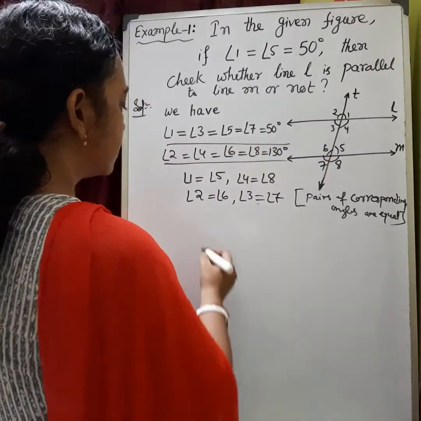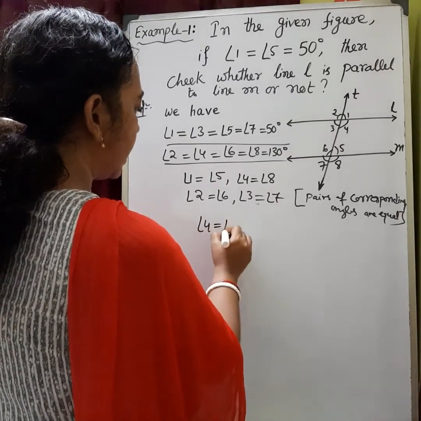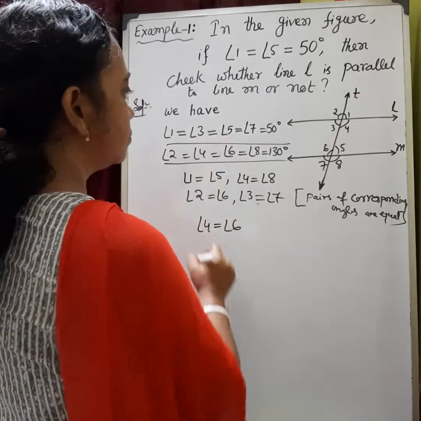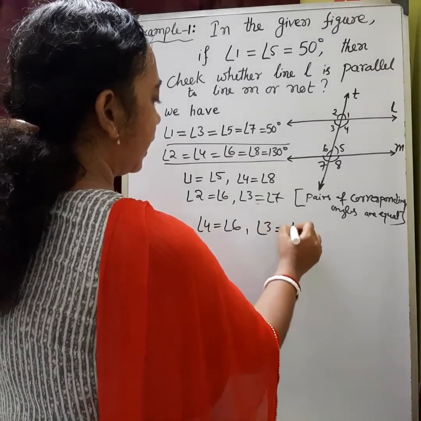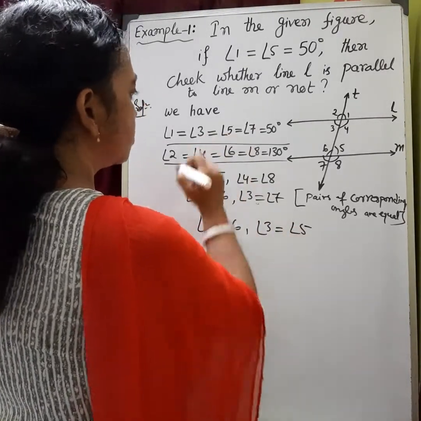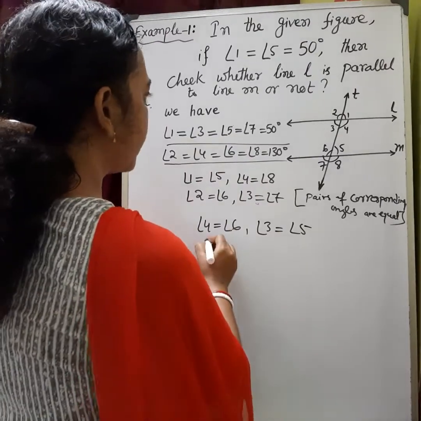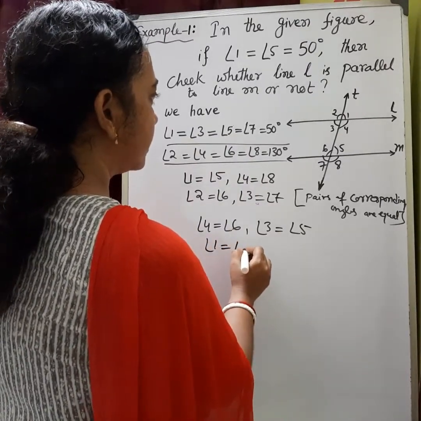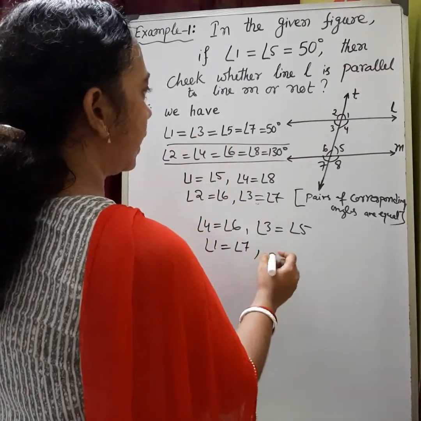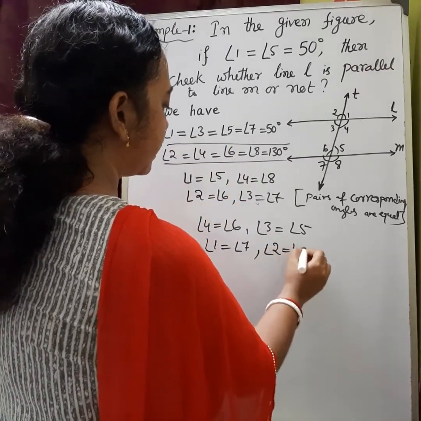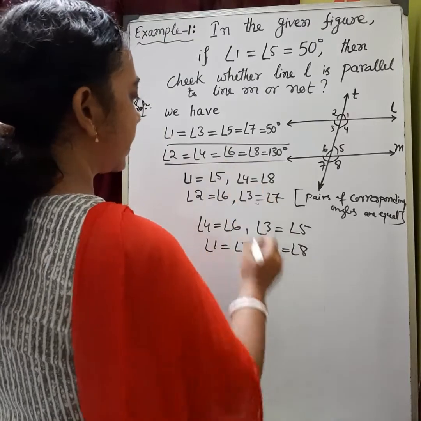Also we can write angle 4 is equal to angle 6 from these two, and angle 3 is equal to angle 5 from these two. Also angle 1 is equal to angle 7, and angle 2 is equal to angle 8.